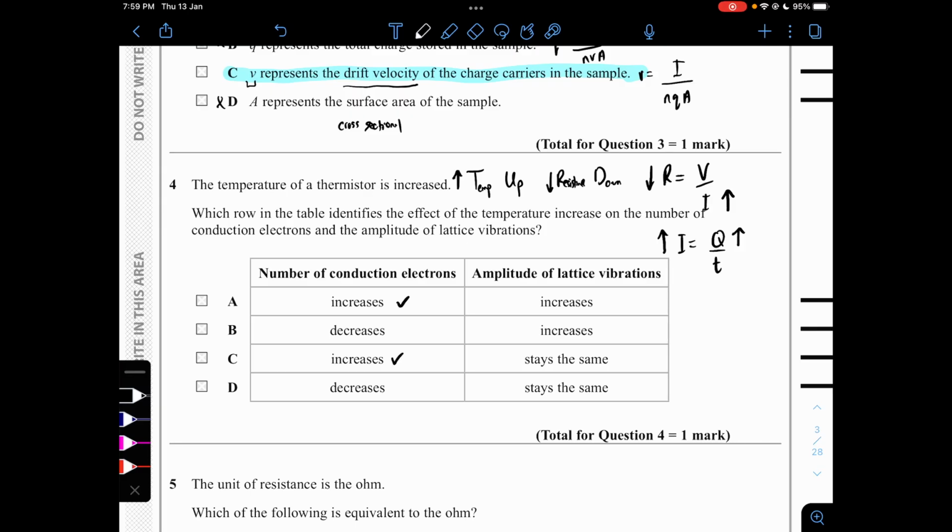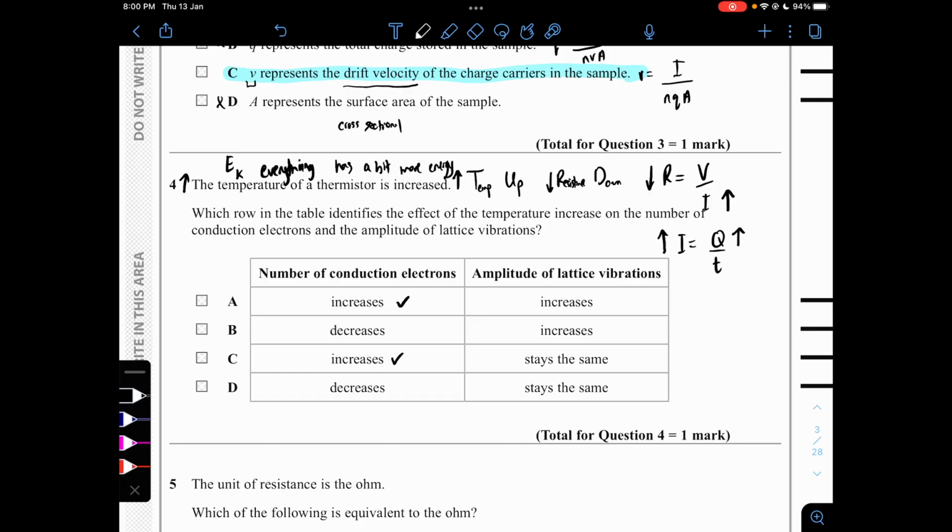What about the temperature? When we increase the temperature, what happens to the kinetic energy of the ions inside the lattice? Everything has a bit more energy, right? And as a result, what happens?